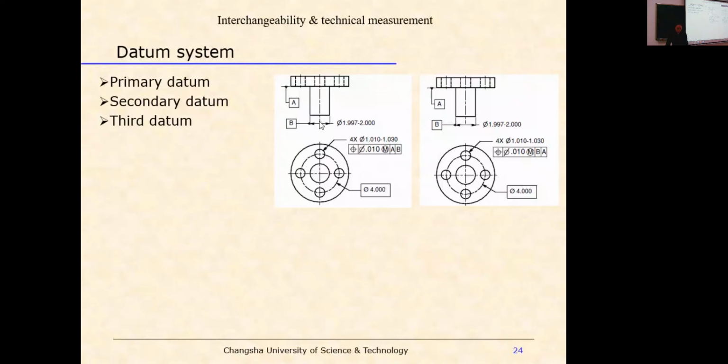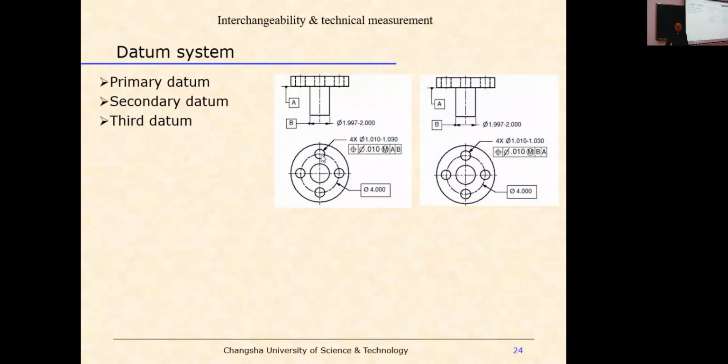So this axis and this dimension determine this position, right? When we draw this figure, we draw the big circle and this circle, and this dimension, the radius, determines this position, right?